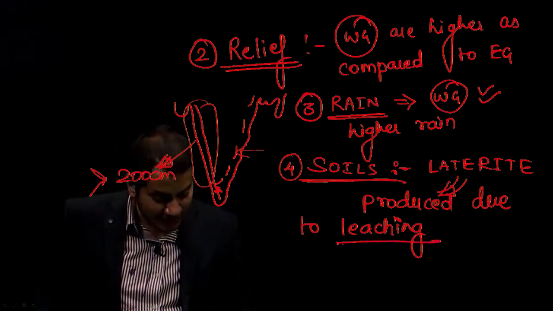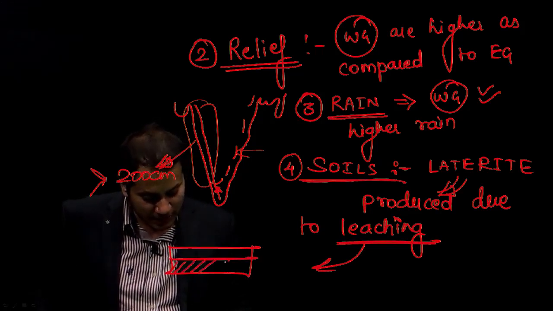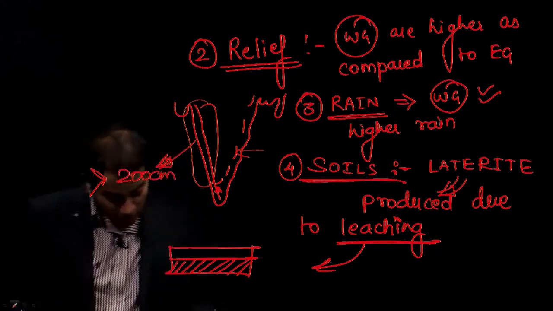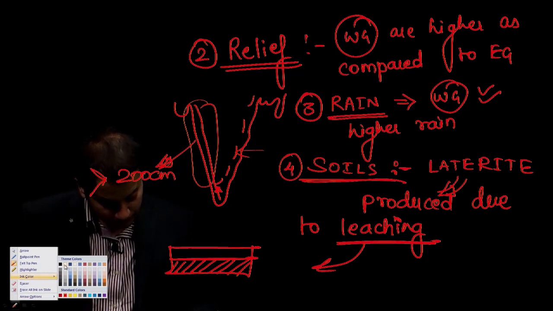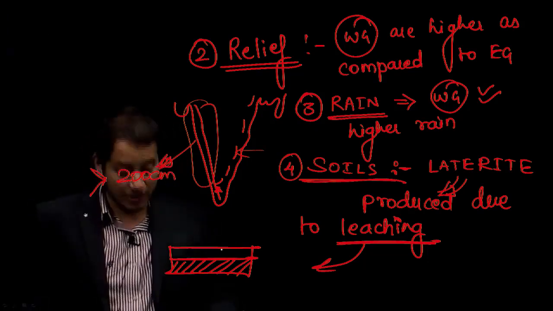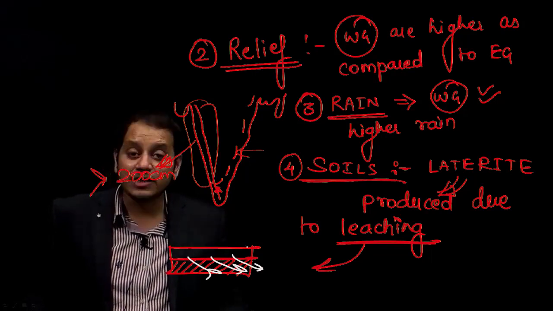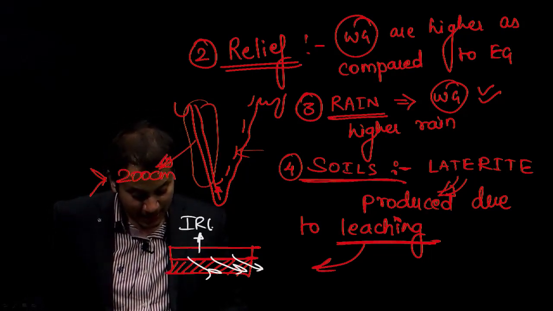All the major nutrients, if this is the top layer of the soil and down there is a bottom layer of the soil, in the process of leaching, all the major nutrients from the soil will be removed from the top layer, and the top layer of the soil remains rich only in iron and aluminium.